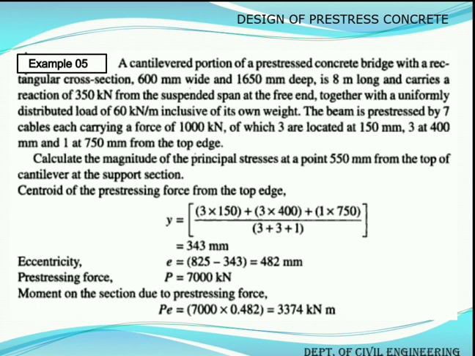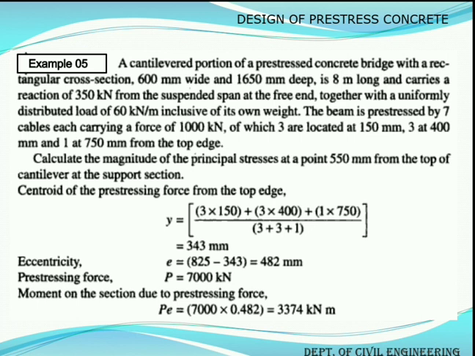Here the area is not given as all the wires are of same diameter, and directly the pre-stressing force carried by each wire is mentioned in the example. So for calculating y, we can only take the number of wires and their distances which are in the given data. Therefore, calculating, we get the value of y as 343 mm.